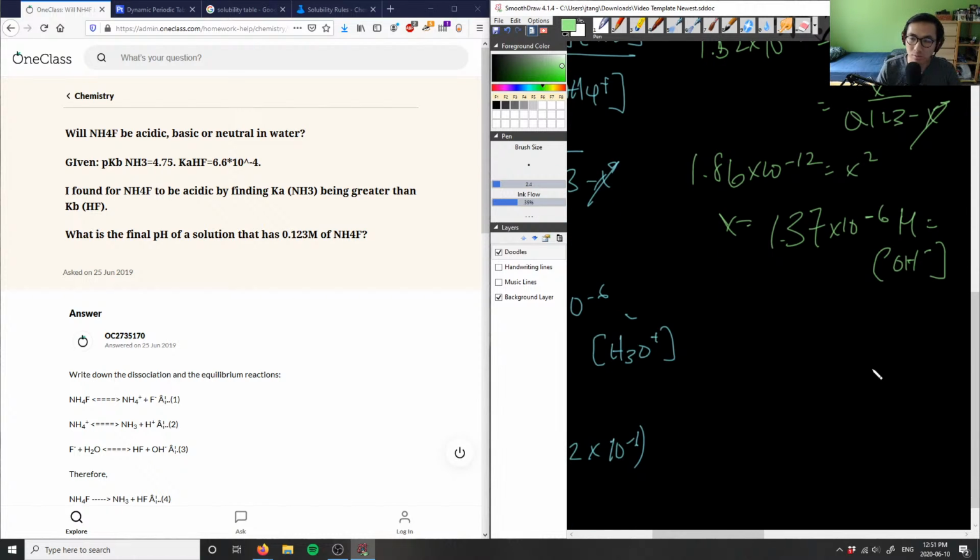And then what I can do is solve for my pOH here. So pOH is negative log of my hydroxide ion. So it's negative log of 1.37 times 10 to the negative 6, which is going to equal 5.86.